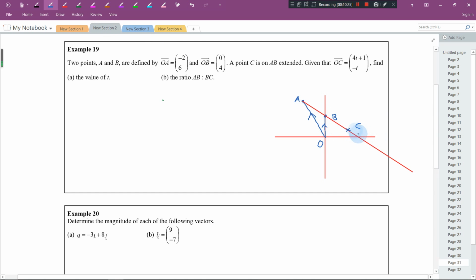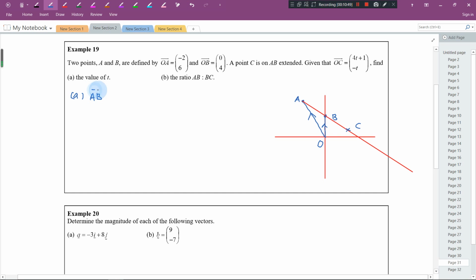Now, when you look at here, you know that they are actually collinear. If they are collinear, it means that they have the same gradient, right? So how about I get AB first? I know that the gradient of AB, BC, AC are all the same. So how about I get the vector AB first?